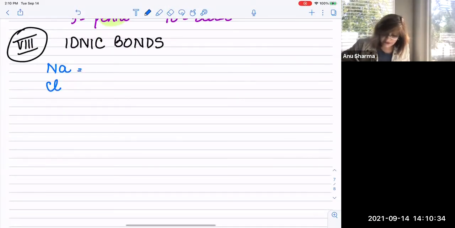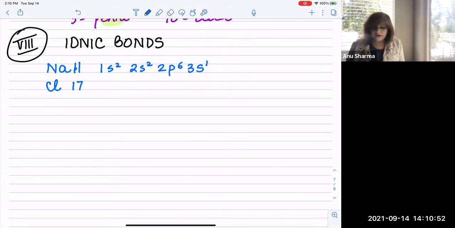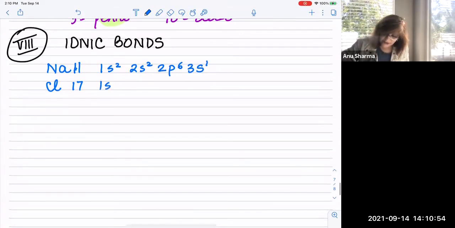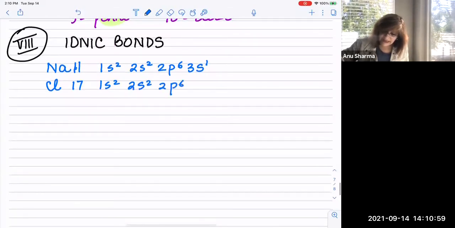Sodium has 11 electrons we need to place, and chlorine has 17. So sodium is 1s2, 2s2, 2p6, and 3s1. Chlorine is 1s2, 2s2, 2p6, 3s2, and 3p5.